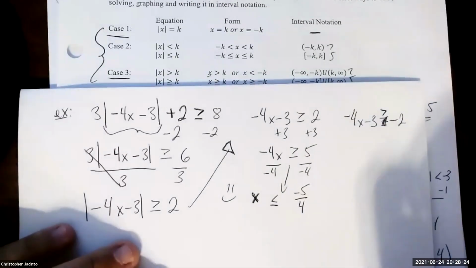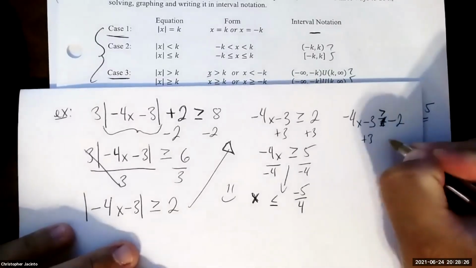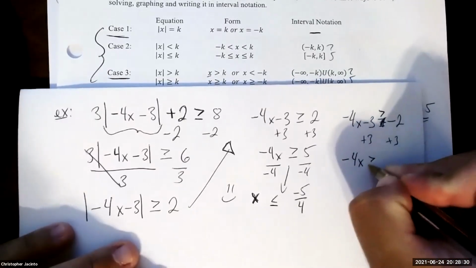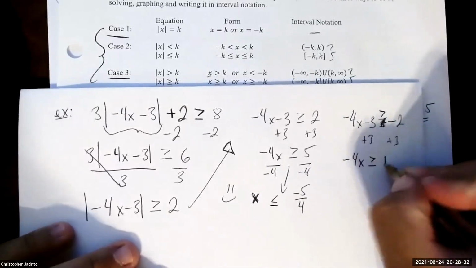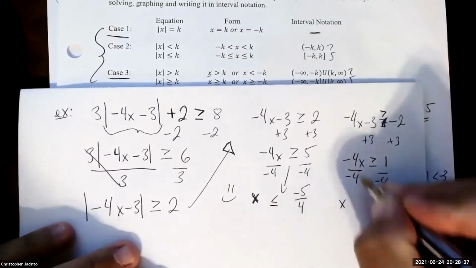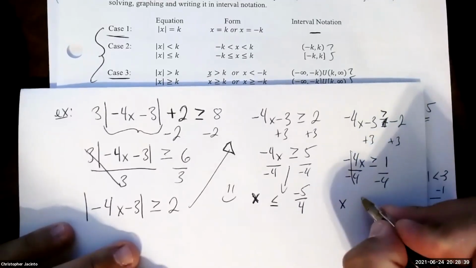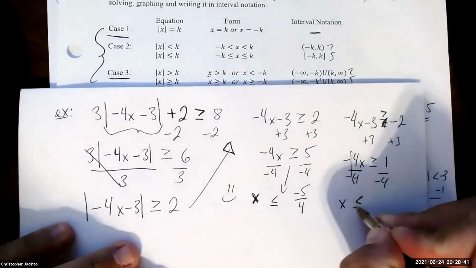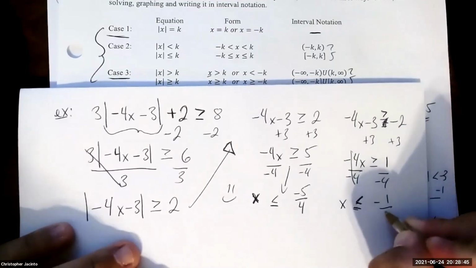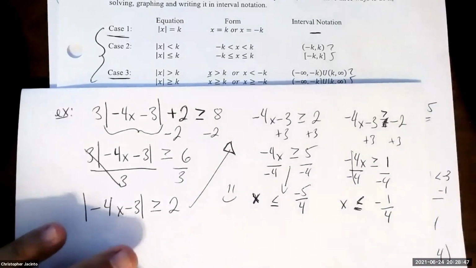You have to do it for both of them here. So +3, +3. This is +1. Again, divide by -4. Since we're dividing, we also flip the sign. And there we go.